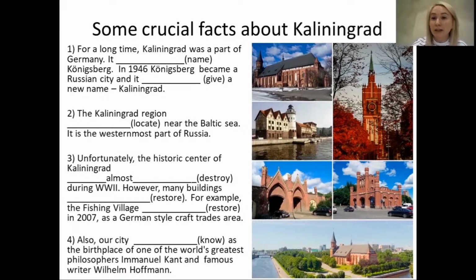So let's read about Kaliningrad, but at the same time, I want you to put the verbs in brackets into the correct passive form. So let's try to do it. For a long time, Kaliningrad was a part of Germany. Yes, you are right.